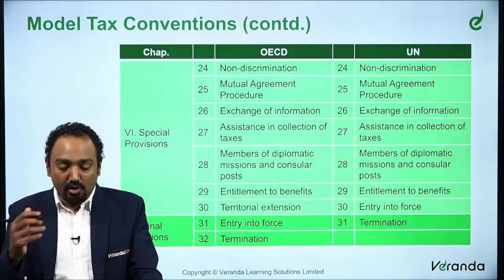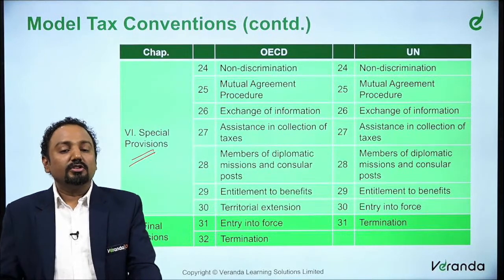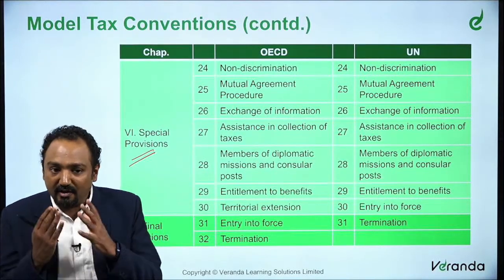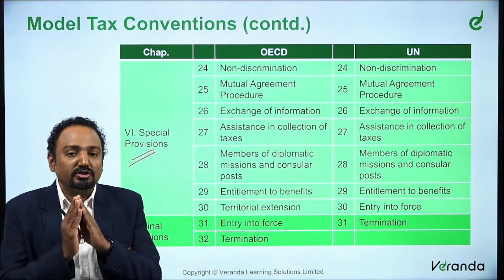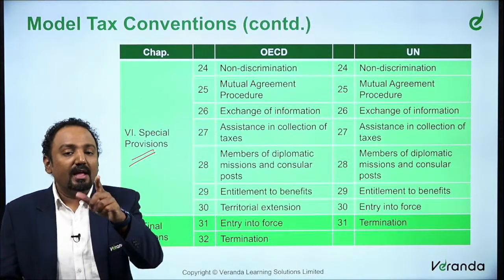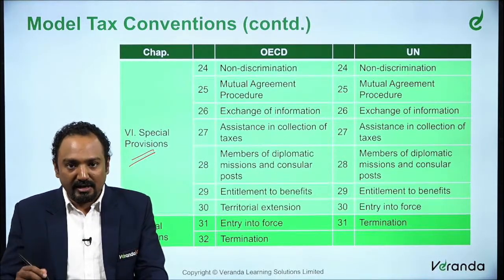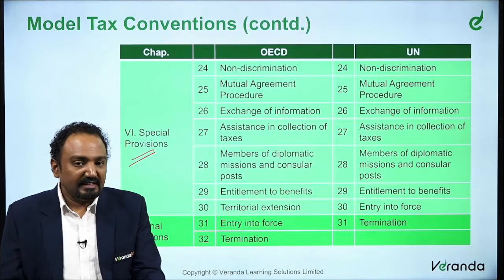Chapter 6 is called special provisions. These are not specifically for eliminating double taxation. This is one of the roles of treaties that we saw, and we are going to understand it through chapter 6.